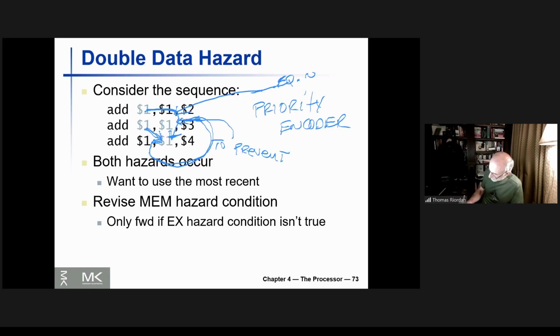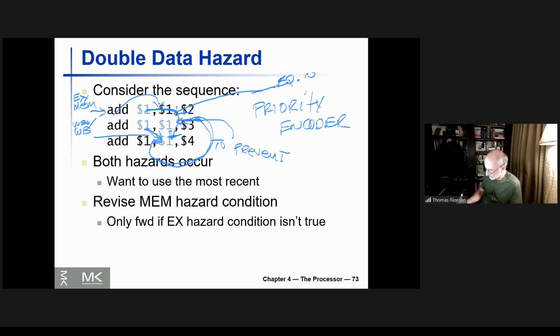And so this we called the MEM bypass, and this we called the WB bypass, or it could be the EX MEM and the MEM WB if you want to use both terms.